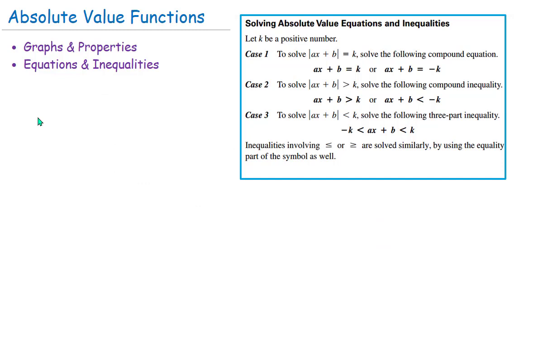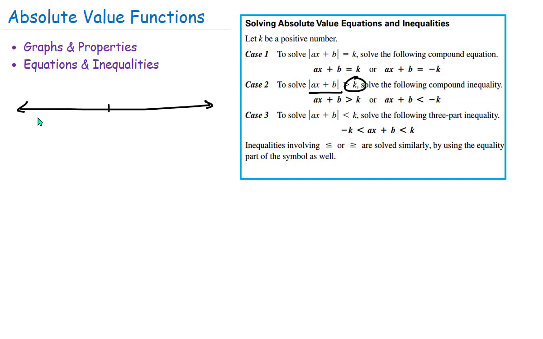Okay, so for cases 2 and 3, they're both inequalities involving our absolute values, and it does matter which way the inequality symbol points because we approach it a little bit differently. Case 2 says that our absolute value quantity is greater than some value, and so if we take off the bars, we have to split that into two, and I'll show you why. If we are thinking of our number line, and we're saying our absolute value, think of that as distance, is greater than some number k.